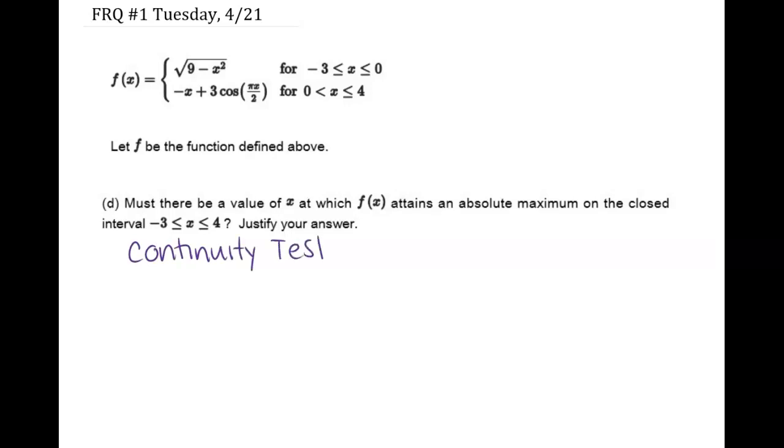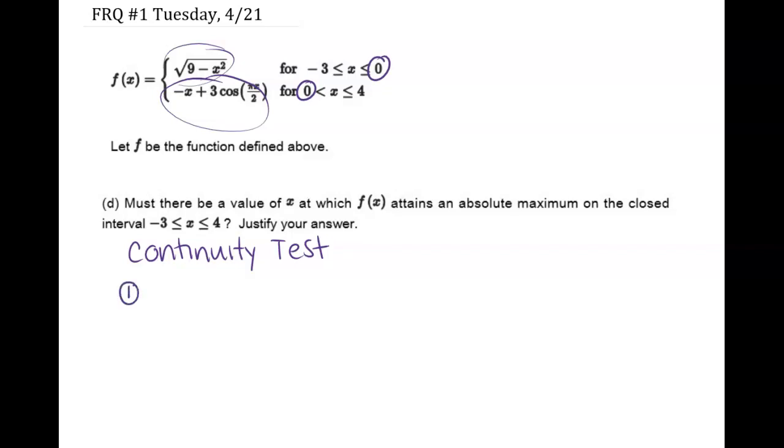And with a piecewise function, well, we know that this is continuous on that interval. This is continuous as well. We really just need to check at 0, at the connectors.